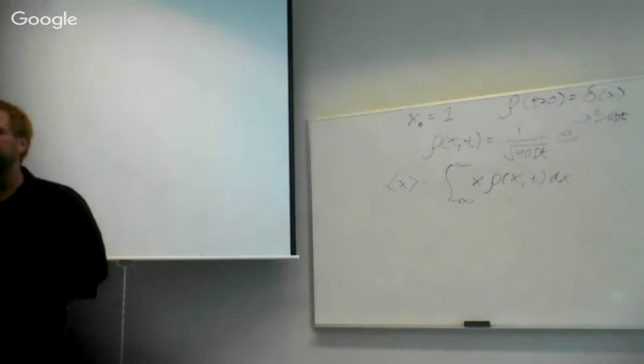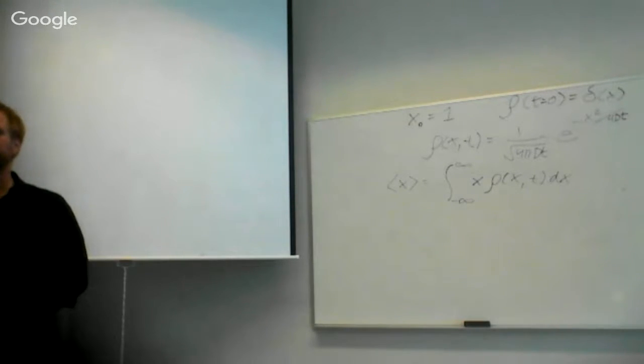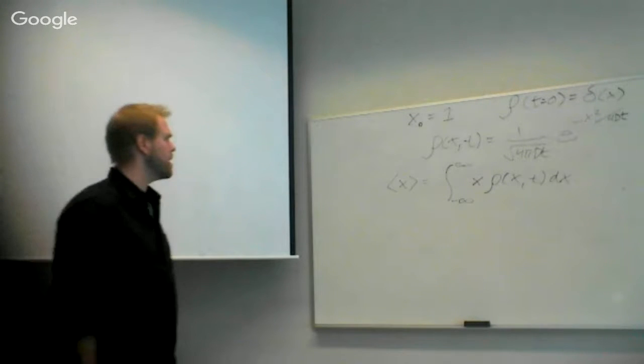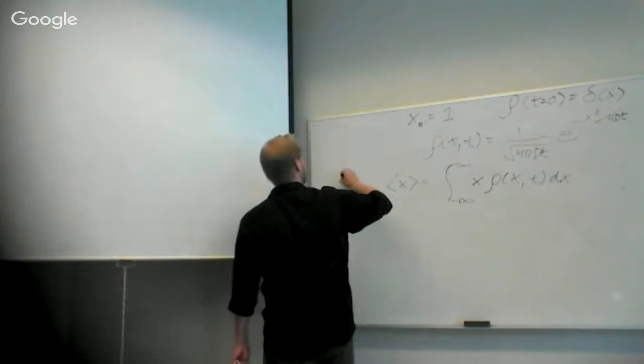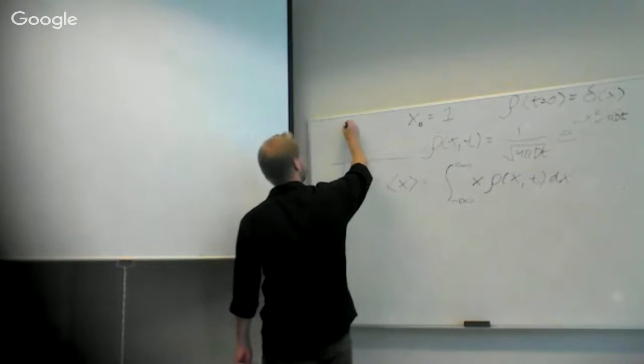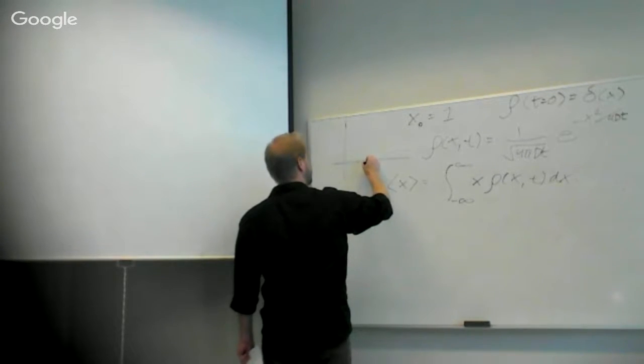Does this make sense to people? Do you see why this relation is true? Okay? Think of it this way. You have a histogram, okay? People of various heights.